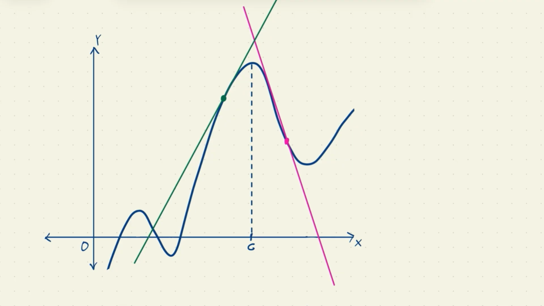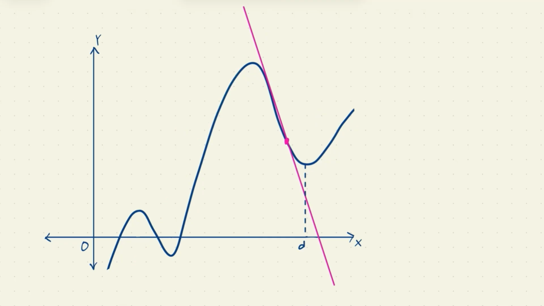That means using derivatives we can say that if the derivative is positive at first and negative afterwards, then the point C is the point of local maximum.